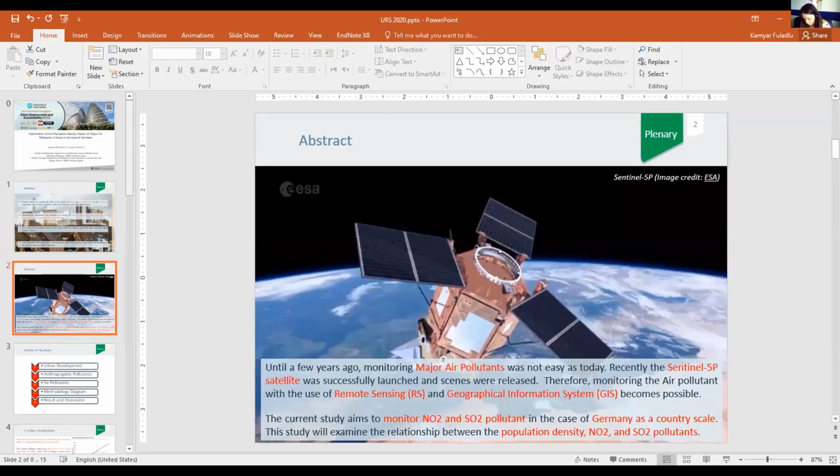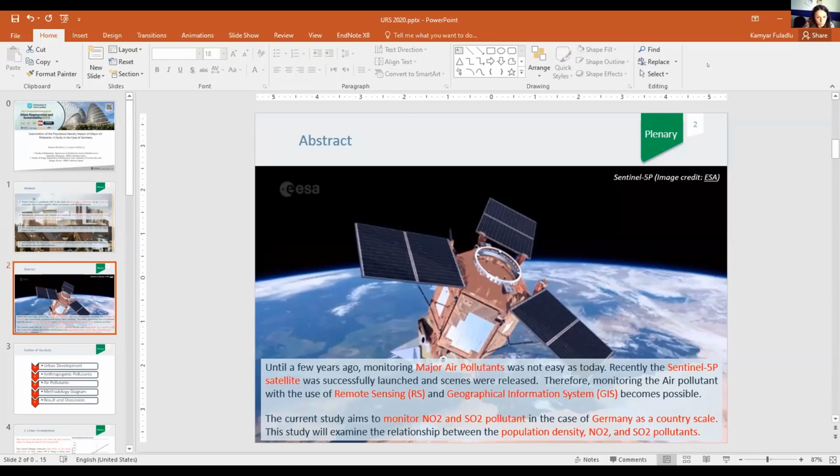Up to a few years ago, major air pollutant monitoring was not as easy as today, because we needed a ground station. But nowadays, with the launch of the Sentinel-5P satellite, which launched 2 years ago, and the sensors starting to release air pollutant monitoring data, the use of remote sensing (RS) and GIS has become much more possible.